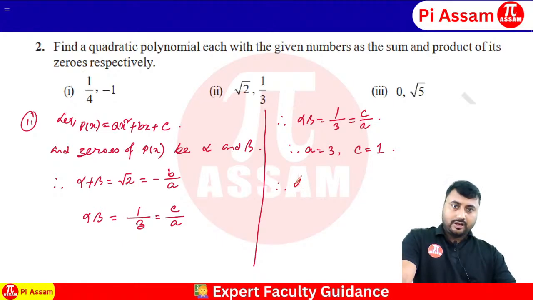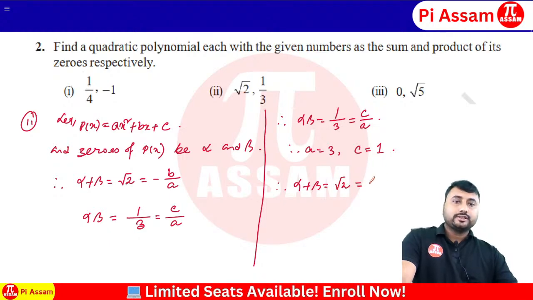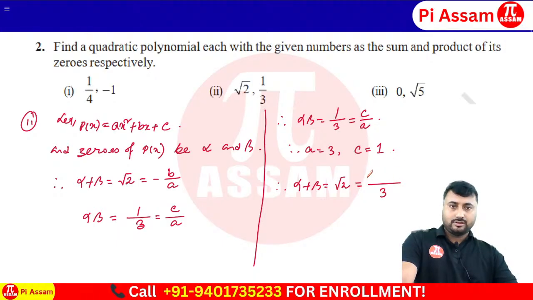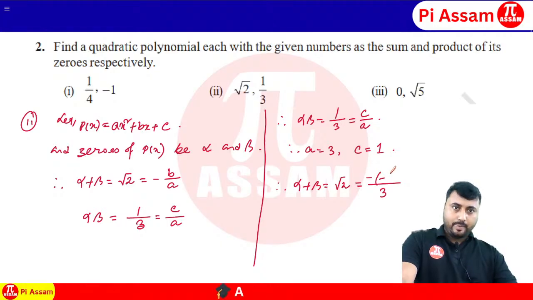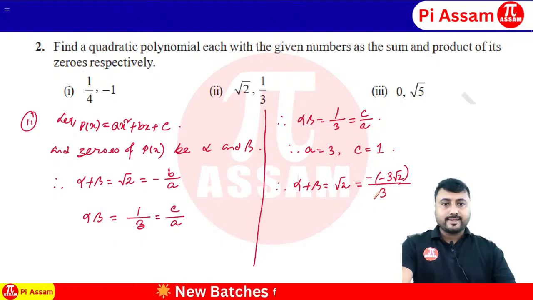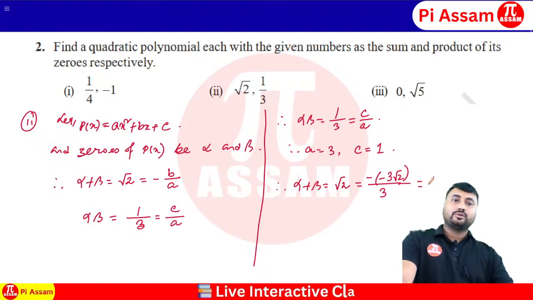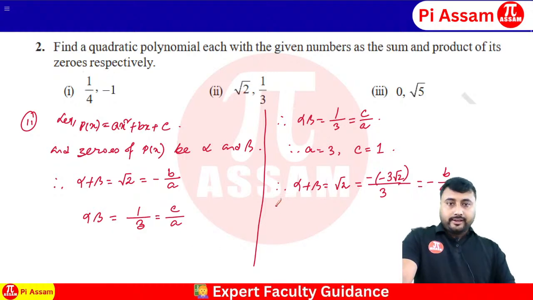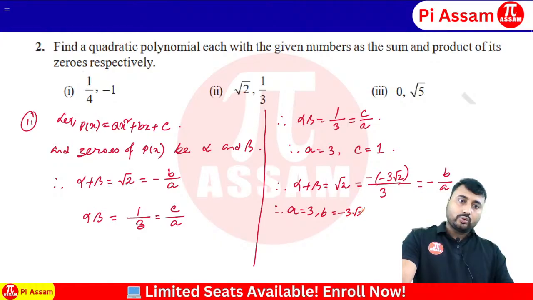Therefore alpha plus beta is equal to root 2, so we can put 3 here, into our relation is minus, so minus 3 root 2. Then minus minus cancels out, it will be plus, 3 cancels out, then it will be root 2, which is equal to minus b by a. So by comparing, a equal to 3 and b equal to minus 3 root 2.